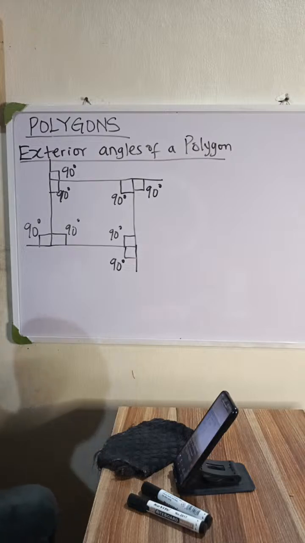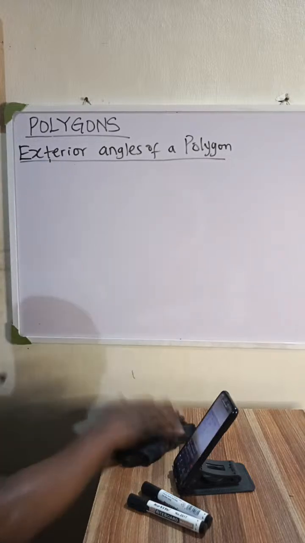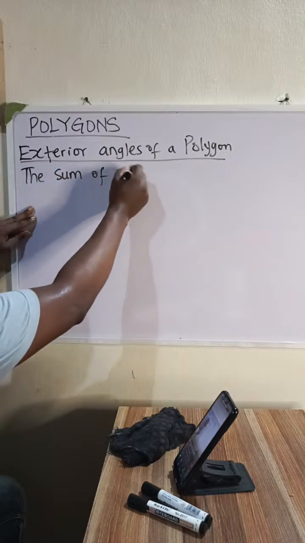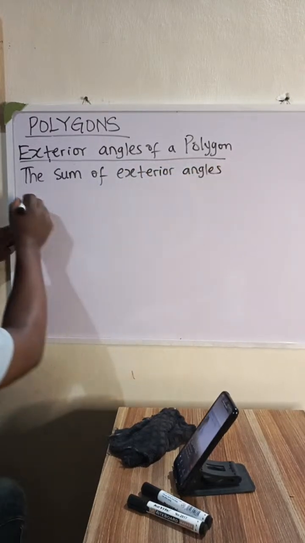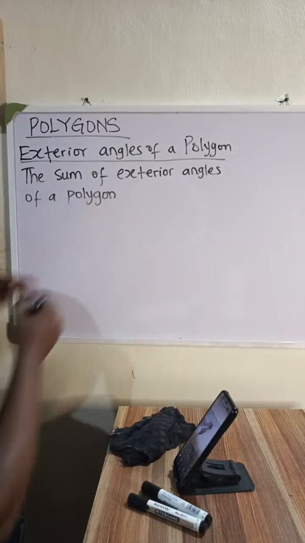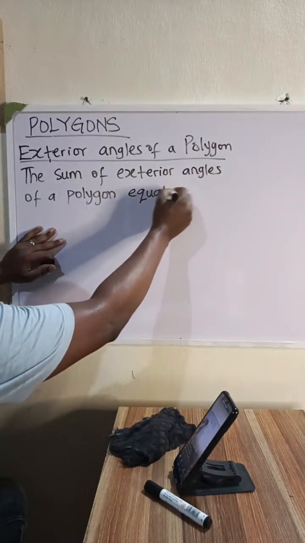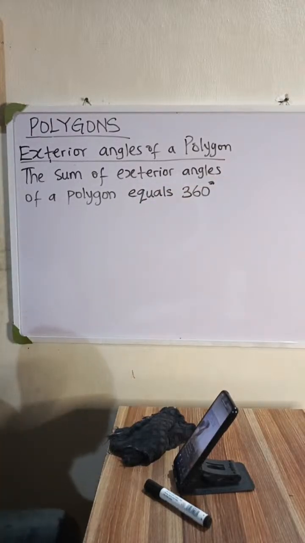Okay, so now let's look at an example. Let's solve one question here. So before we do that, the sum of the exterior angles of a polygon equals 360 degrees.